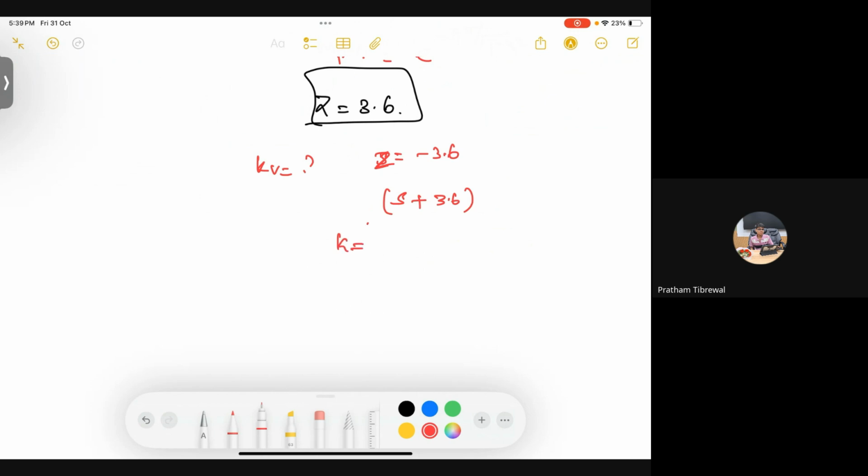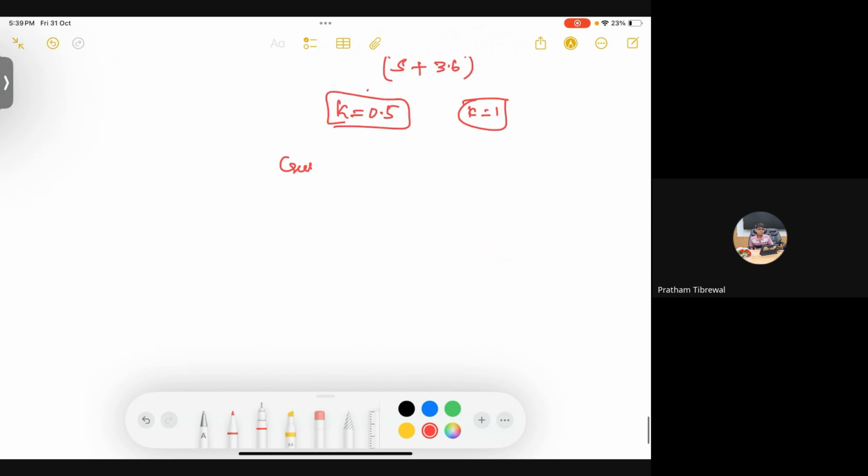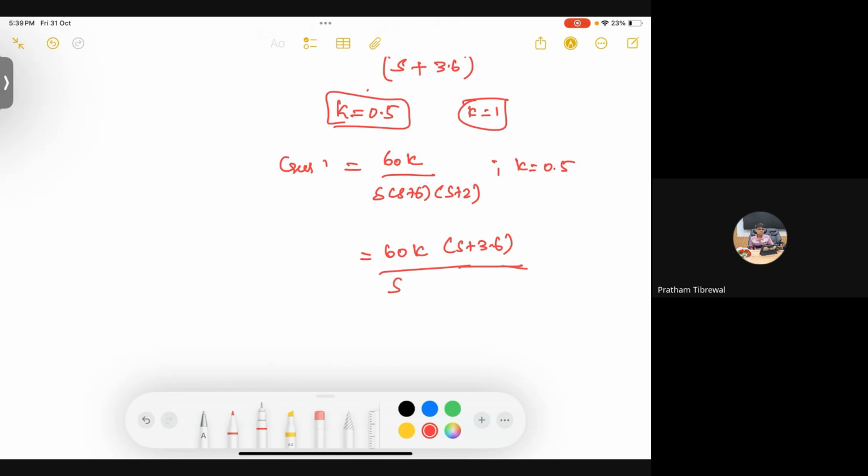And consider K equal to 0.5 instead of K equal to 1, where your G of S is the same, 60K by S into S plus 6 into S plus 2. K equal to 0.5 and add a zero, that is 60K (S plus 3.6). We found it from the previous section.